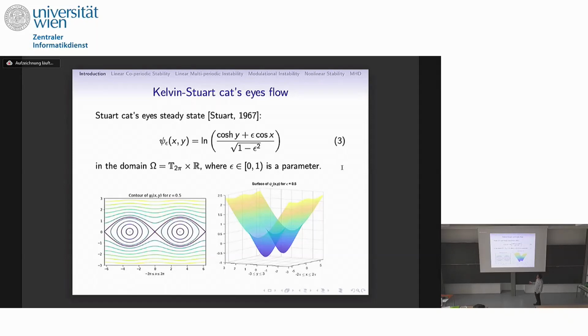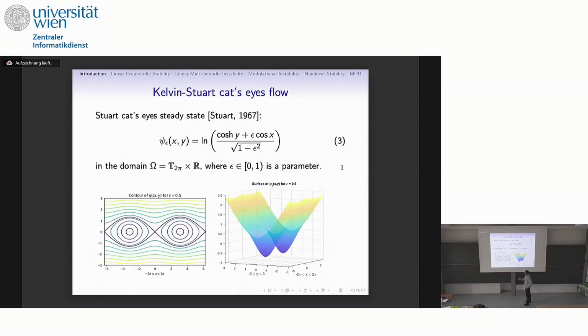Then you can see in the middle, these 2 points correspond to the minimum points of the function psi epsilon. We can see they are the elliptical critical points, and for these 3 points, they are the hyperbolic critical points. They are all stagnation points. In other words, the velocity is equal to 0 at those points, right?